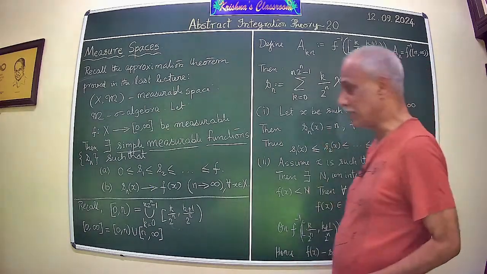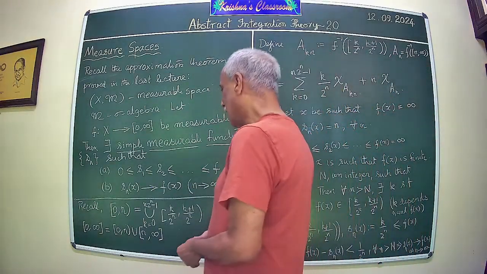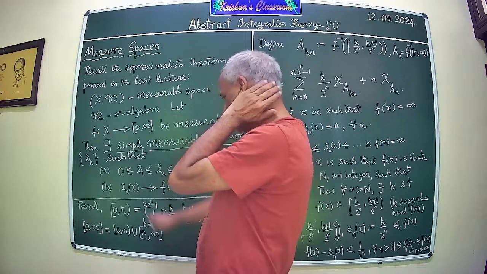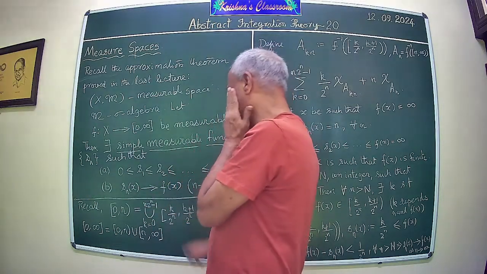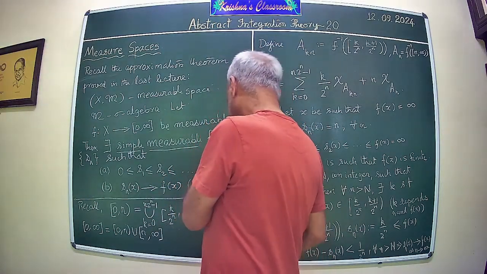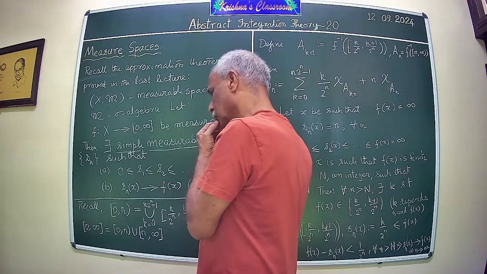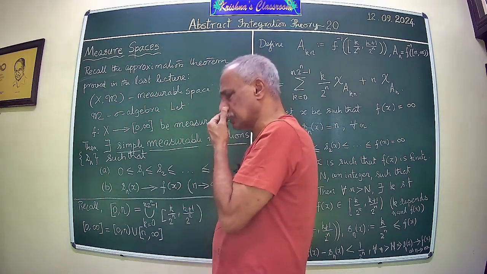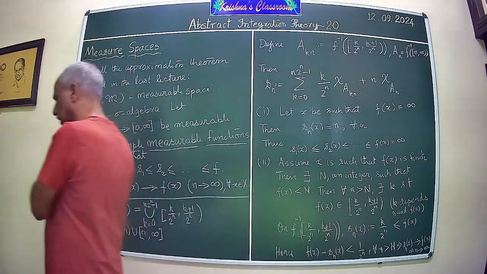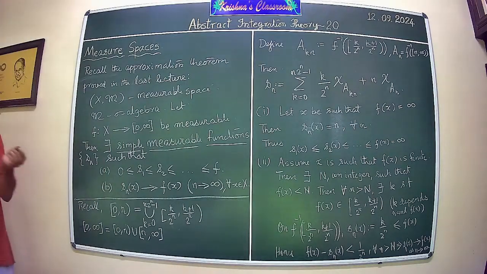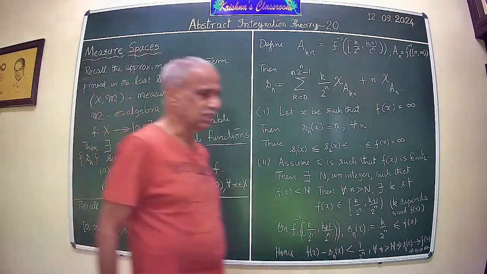Yesterday I explained it in great detail. And then there is the property that Sn(x) converges to f(x) as n tends to infinity for every x belonging to X. That means the sequence Sn pointwise converges to the given measurable function.